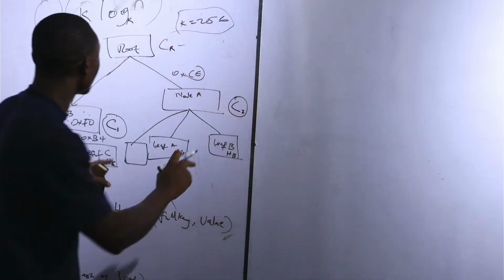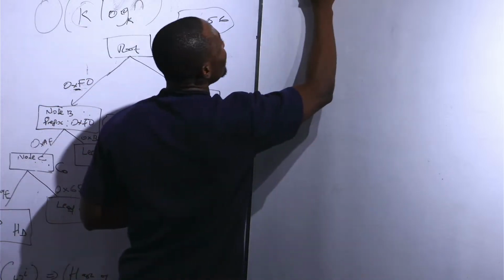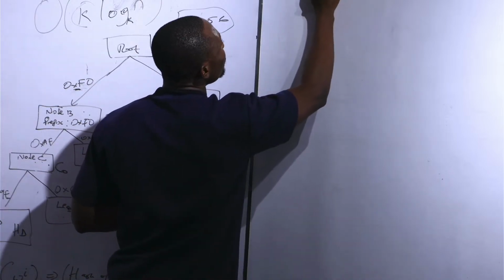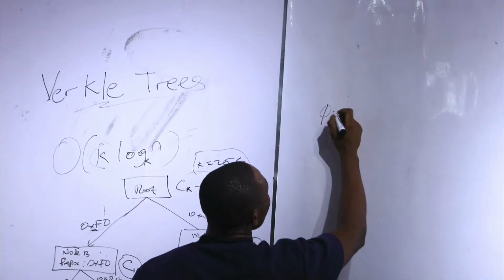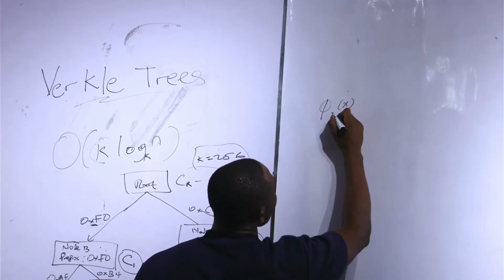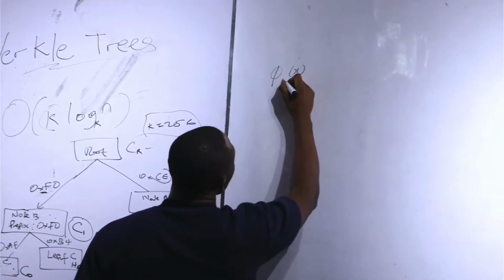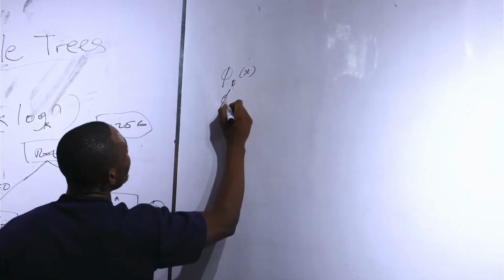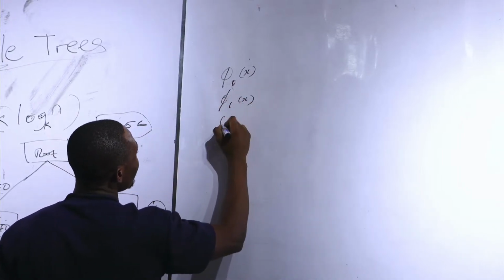So let's say we have the polynomials for all these nodes: phi 0 of x, phi 1 of x.